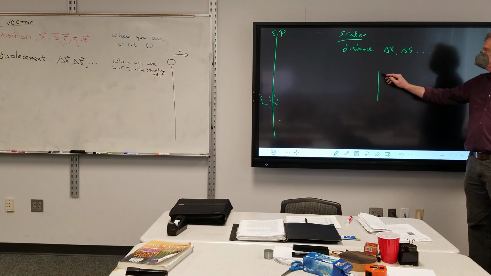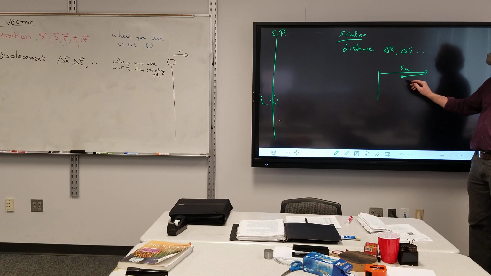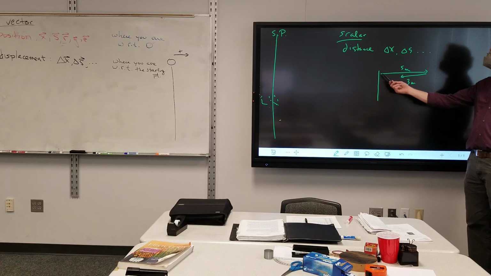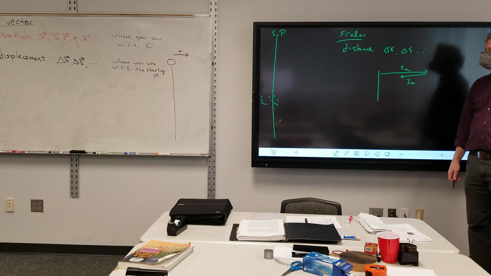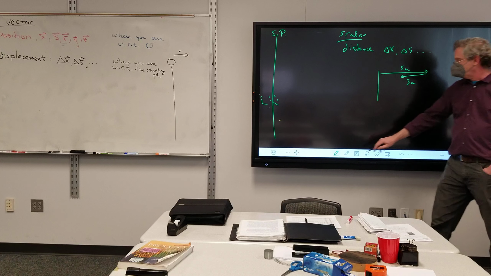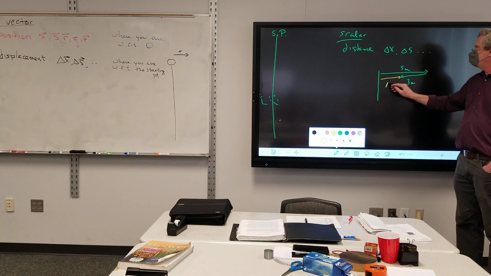So if I'm starting here and I go 5 meters to the right and then I go 3 meters back, the distance traveled, well, that's 8 meters, but my displacement is 2 meters to the right. That's my displacement.